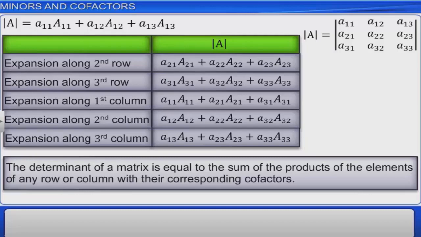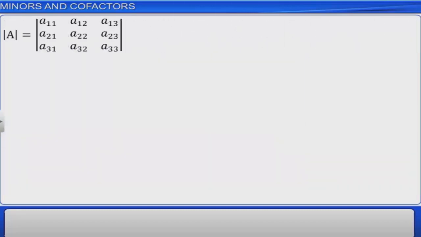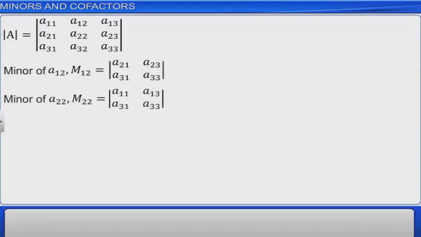Let's find the determinant of A along the second column by finding the cofactors. The minor of the first element of the second column is the determinant of the matrix obtained by deleting the first row and the second column. Similarly, the minors of the second and the third elements of the second column can be determined.